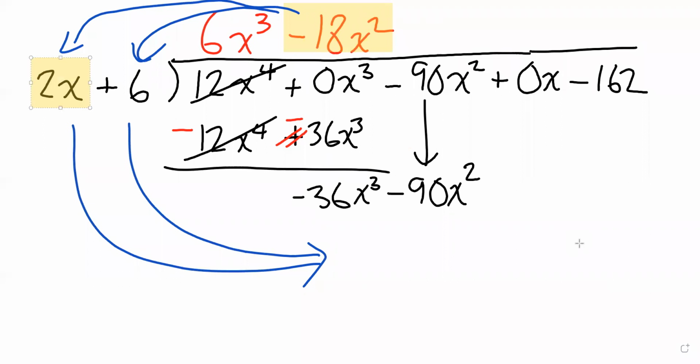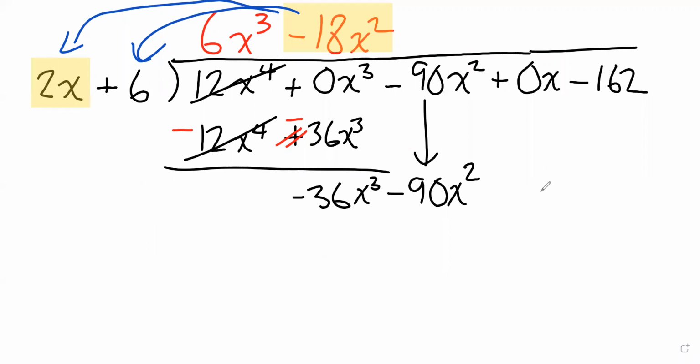Okay, let's just take it piece by piece. We're doing negative 18x squared times 2x. First off, negative times positive is negative. I got those blue arrows too far over. Negative times positive is negative. 18 times 2 is 36, and x squared times x is x cubed, but not a real surprise. We were expecting those to match.